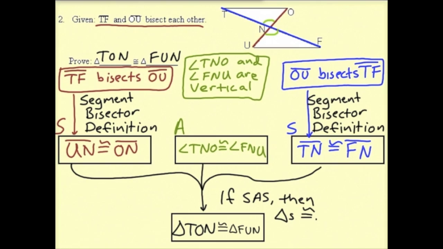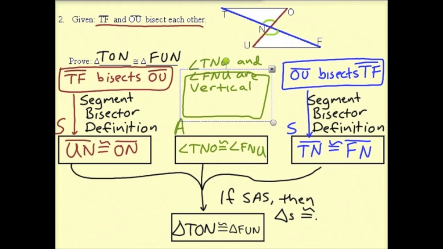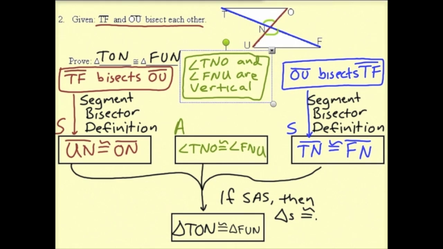So there's the statement, TNO and FNU are vertical angles, and as a result, vertical angles are congruent. So the statement is, if we have vertical angles, then those vertical angles are congruent. Super. We're done.